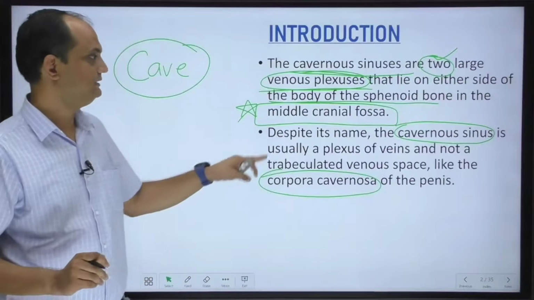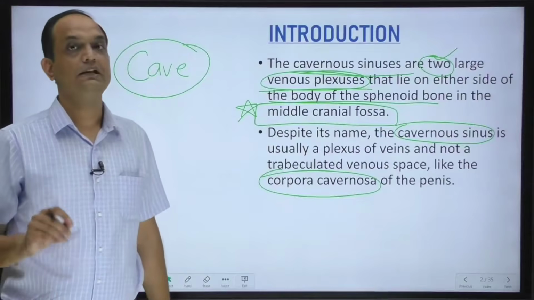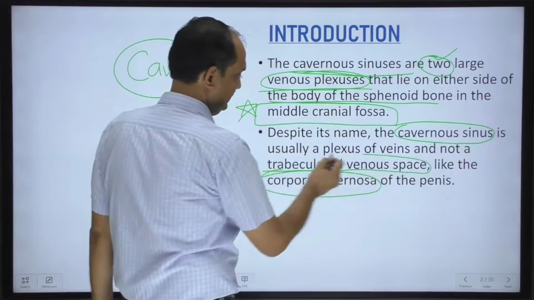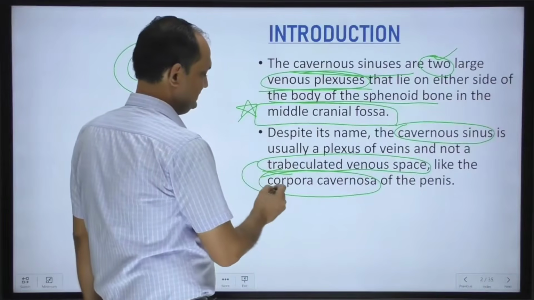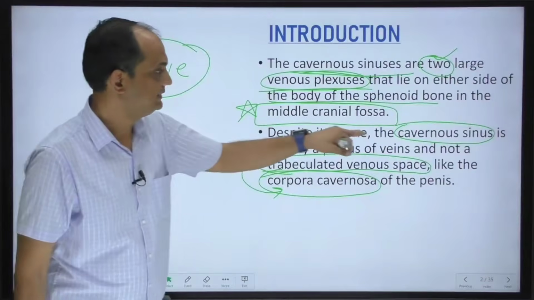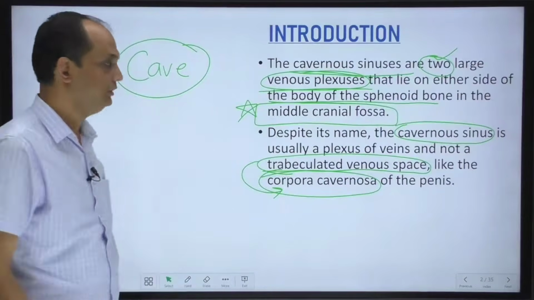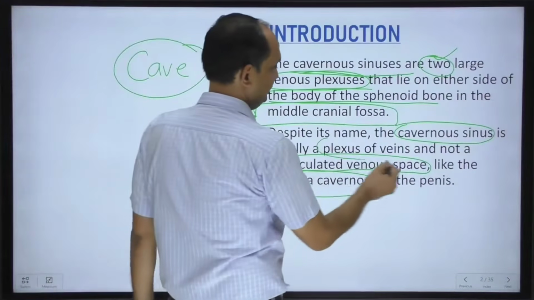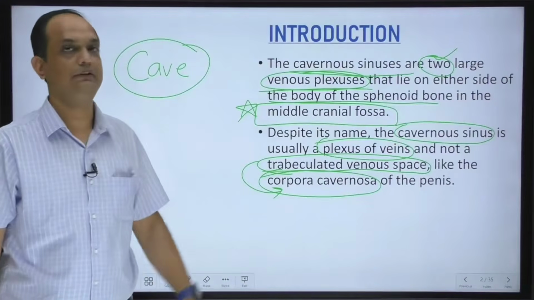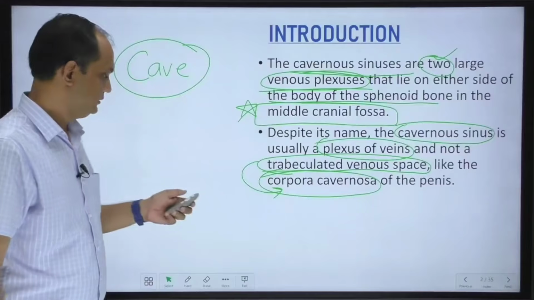Now the difference is that this cavernous sinus does not have trabeculated venous spaces. Trabeculated venous spaces are a feature of corpora cavernosa, but this cavernous sinus actually has a plexus of veins. Earlier it was thought that cavernous sinus also had trabeculated venous spaces.